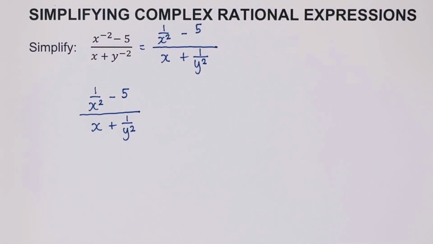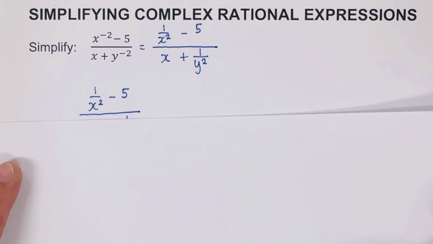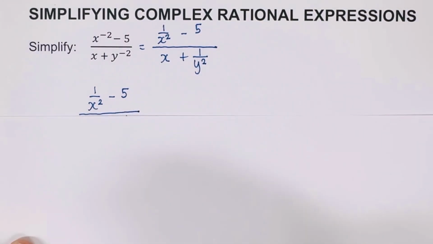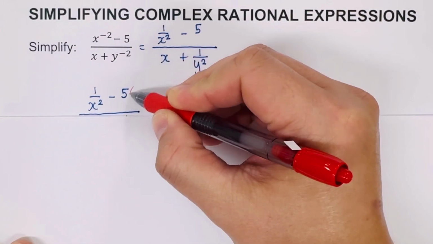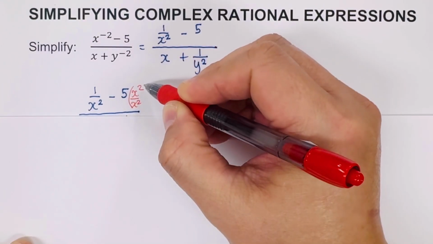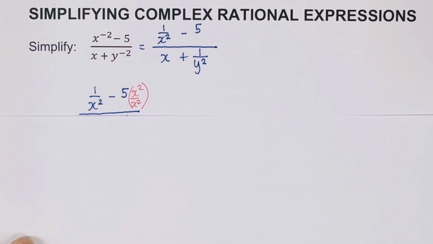In order to simplify a complex rational expression, we are supposed to simplify either the numerator first or the denominator first so that they don't get mixed up. So in this case, I'm going to cover the denominator and simplify the numerator. If you notice, the denominators of these two terms are not the same. However, I can multiply 5 by 1 in the form of x squared over x squared so that their denominators are the same.